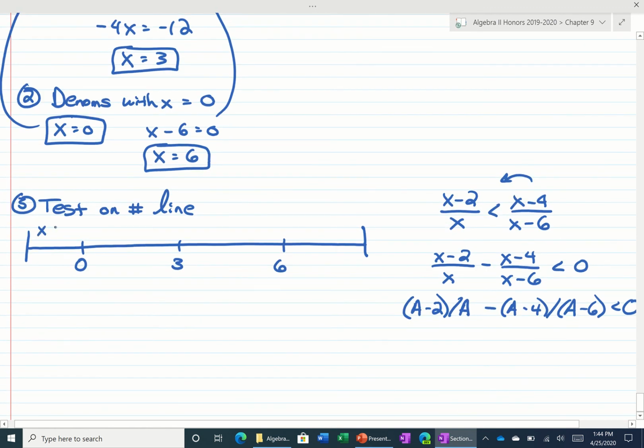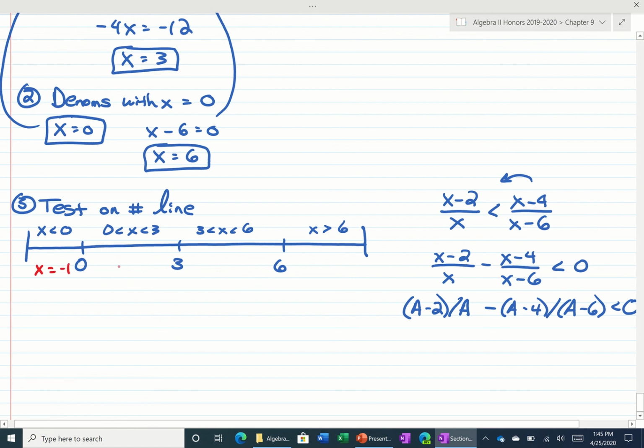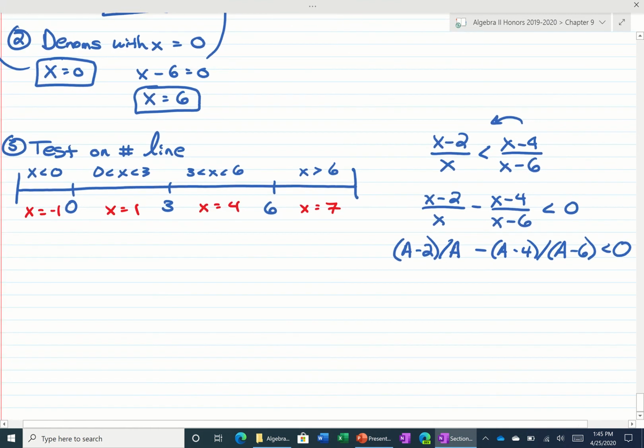So we'll test numbers less than 0, between 0 and 3, between 3 and 6, and bigger than 6. So I'll test -1, I'll try 1, 4, and 7. And I'm going to type it into my calculator, so let's see here.